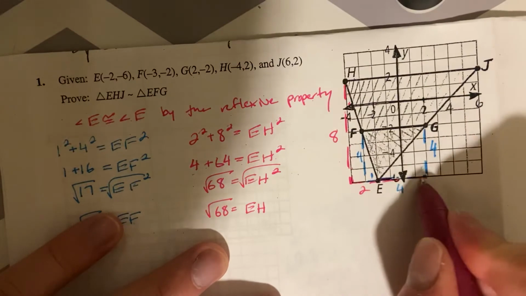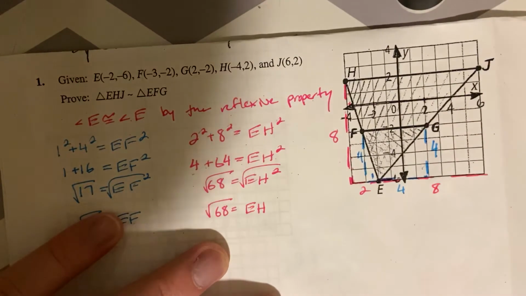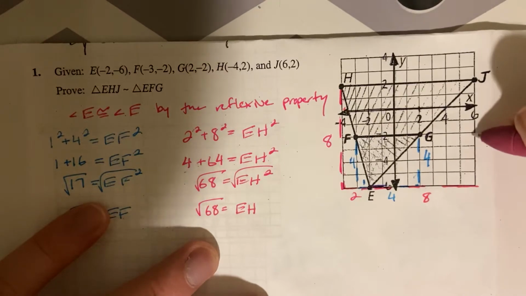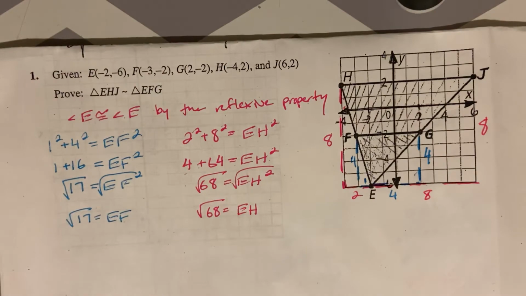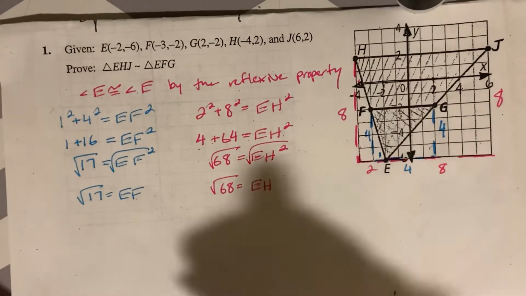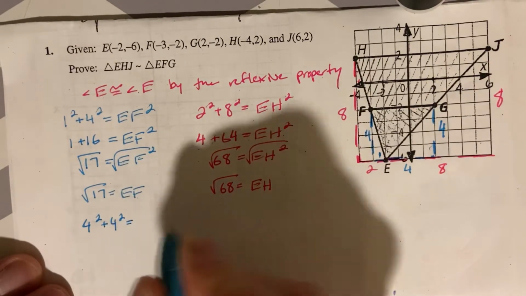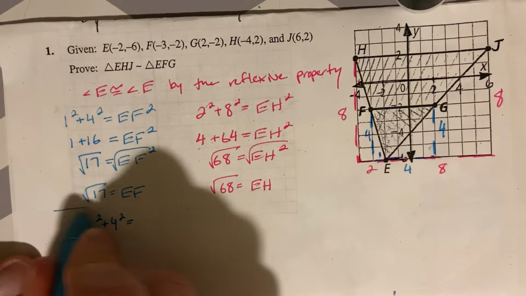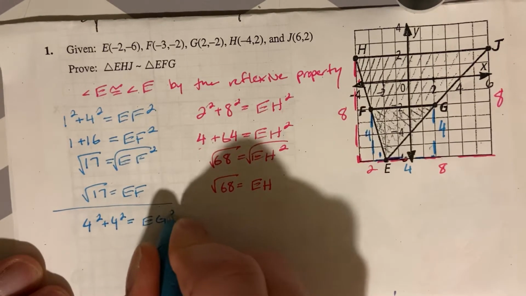And then for the bigger triangle, we have 4, 8 boxes, and 2, 4, 6, 8 boxes. Alright, so for the small triangle, it would be 4 squared plus 4 squared equals EG squared.